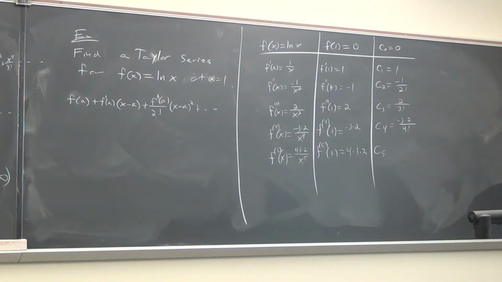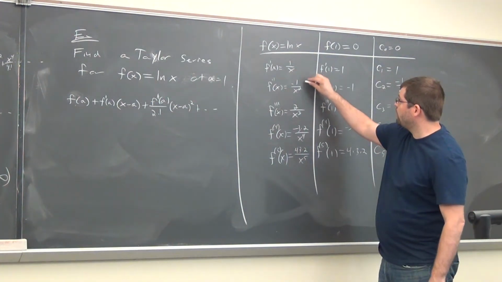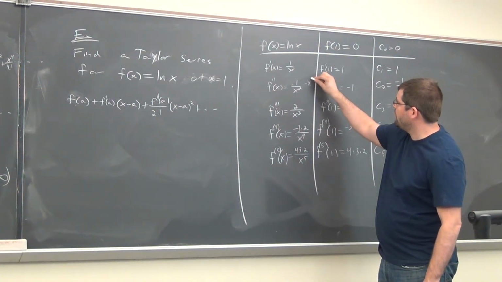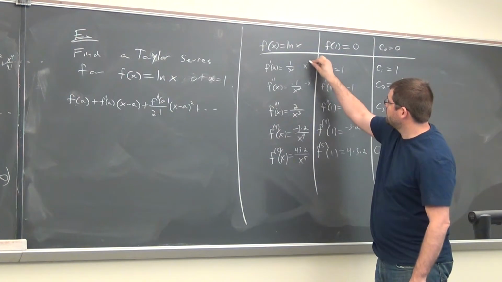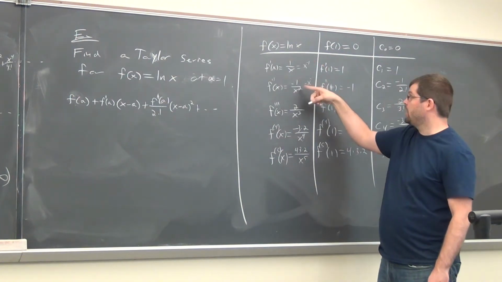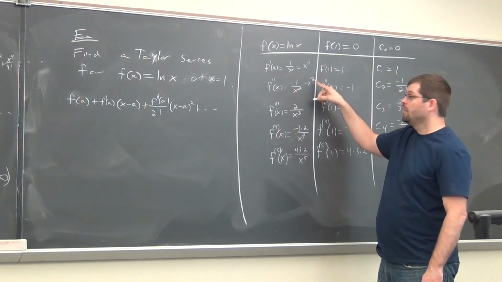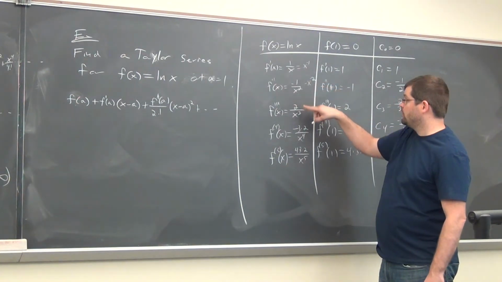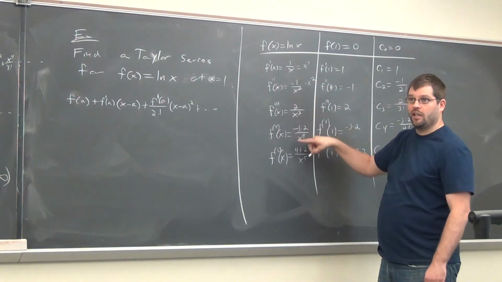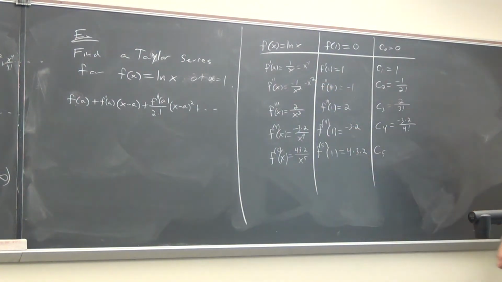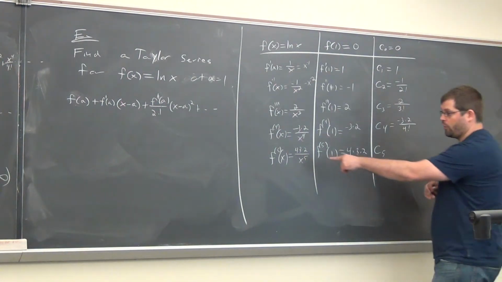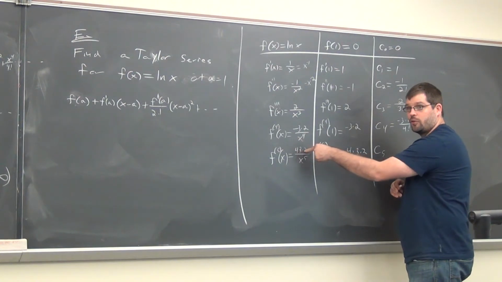So, your derivatives, just be careful if you don't see those, just write them as x to a power. This is x to the negative 1, right? So then negative x to the negative 2, and then the negative 2 falls down, so you get 2x to the negative 3, and then so on. And if you do enough of them, I think up till 5, you start seeing a factorial pattern arising here, right? 4, 3, 2.